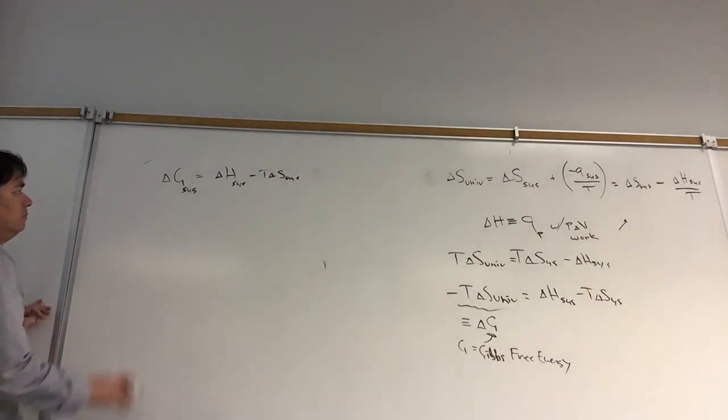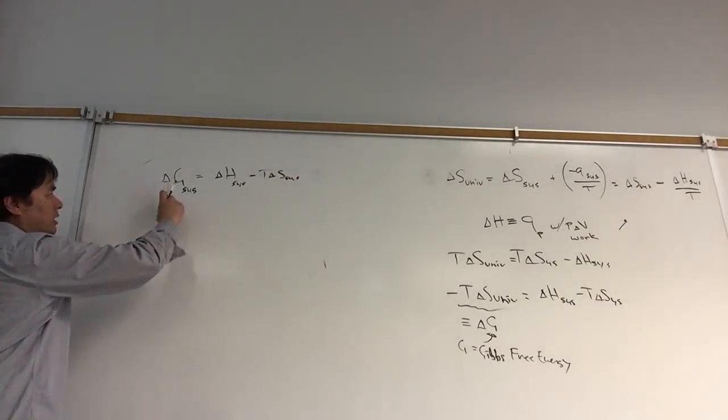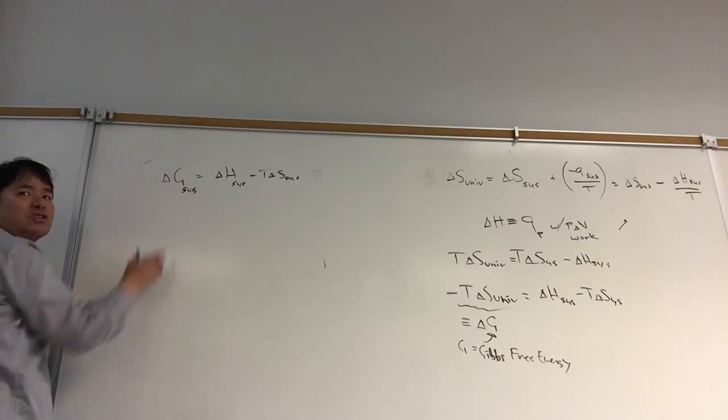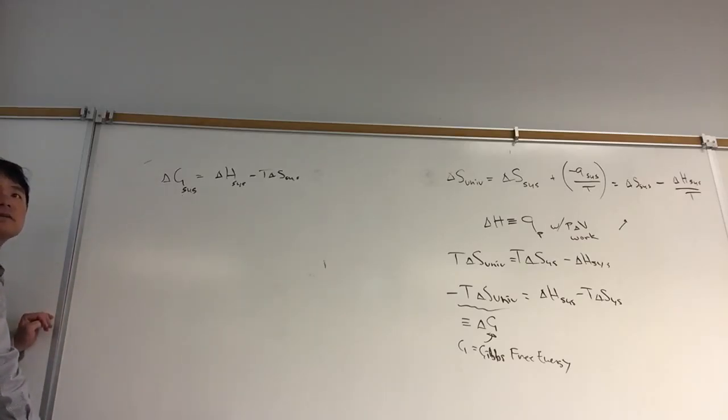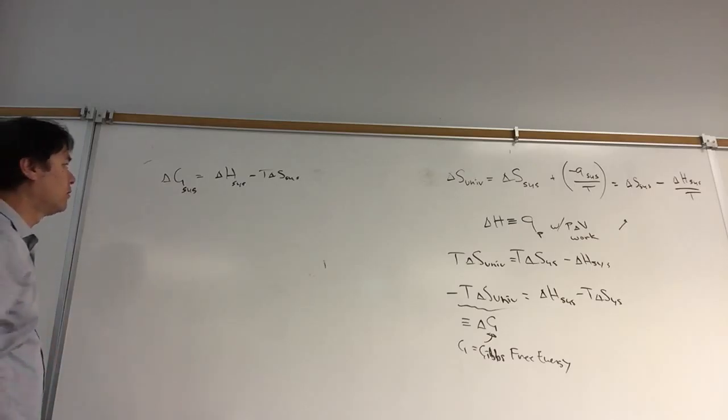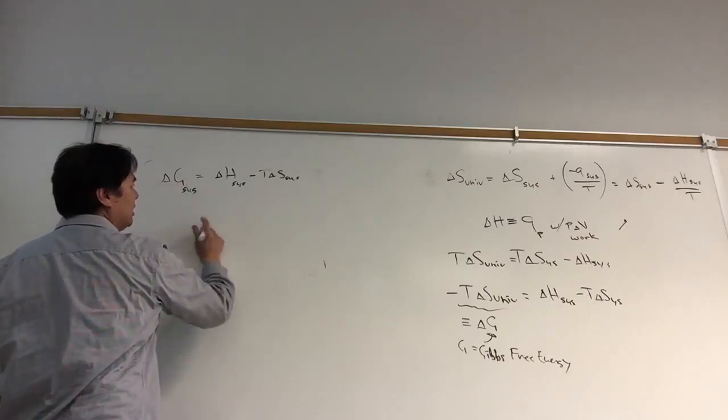And we know this: if delta G is negative, then the entropy of the universe is positive, which is a driving force. And so what we're going to look for is what makes delta G negative.